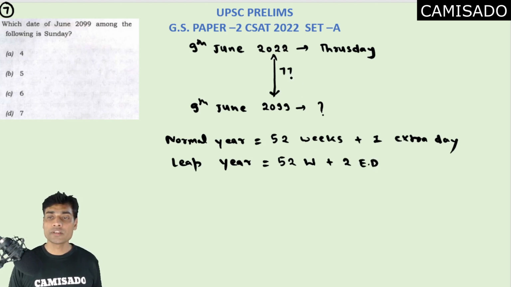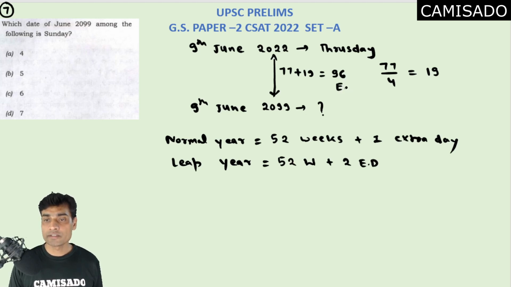So in 77 years, how many leap years will be there? When we divide 77 by 4, we get 19 as quotient. So 19 leap years are there. So total extra days will be 77 plus 19, which comes out to be 96 extra days.